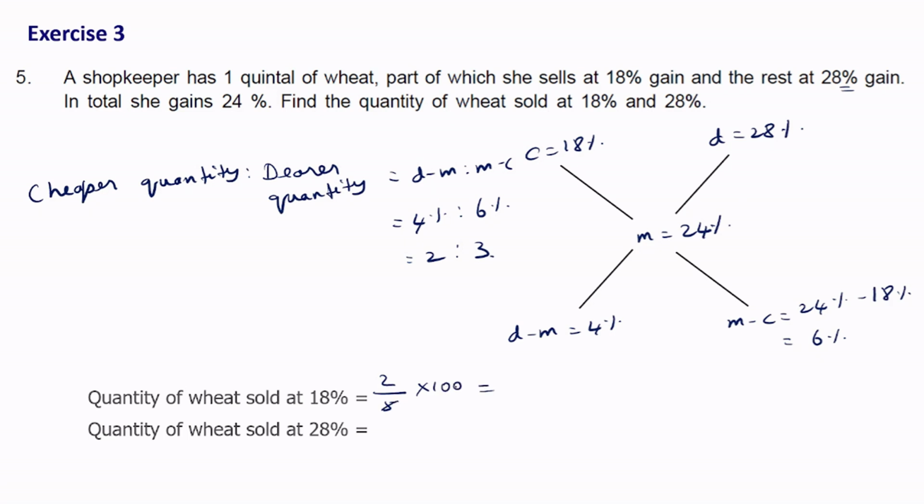So this is 40 kg. Then the quantity of wheat sold at 28% is 3 by 2 plus 3, which is 3 by 5 into 100, which is 60 kg. So this much is the quantity of wheat sold at 18% and this much is the quantity of wheat sold at 28%.